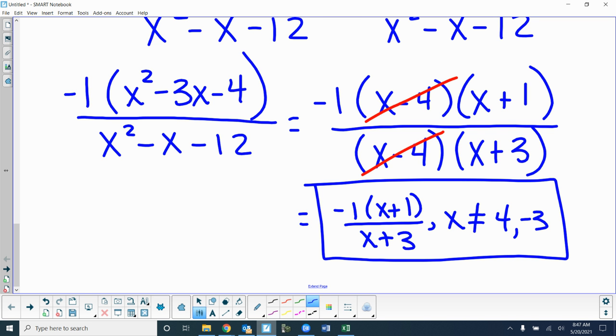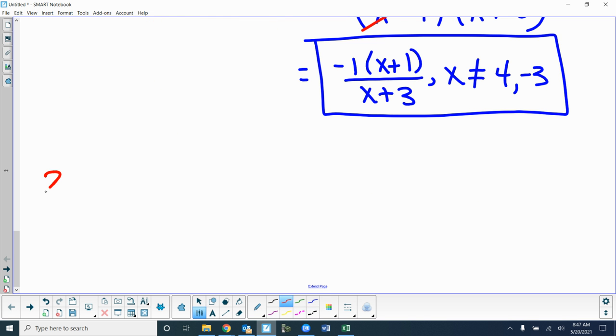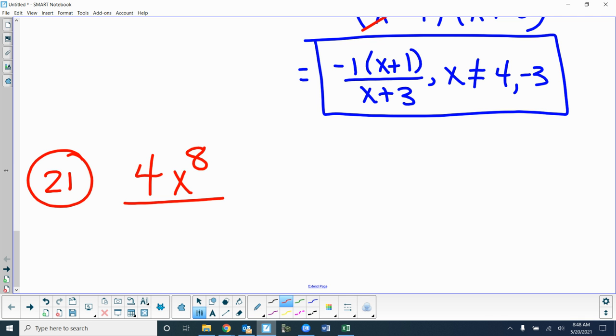All right, number 21. When we divide two fractions, what did we rather do? Say that louder, Sydney. Yeah, multiply by the reciprocal, right? So when I write it down to do it, I'm going to write it down as a multiplication problem.